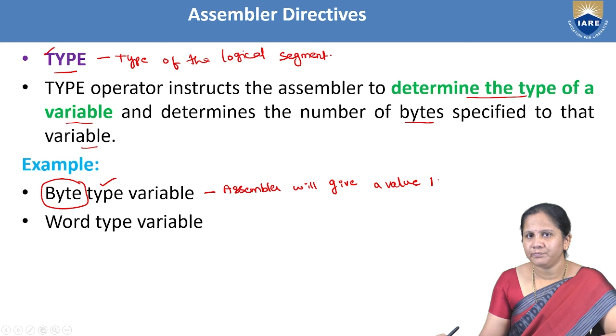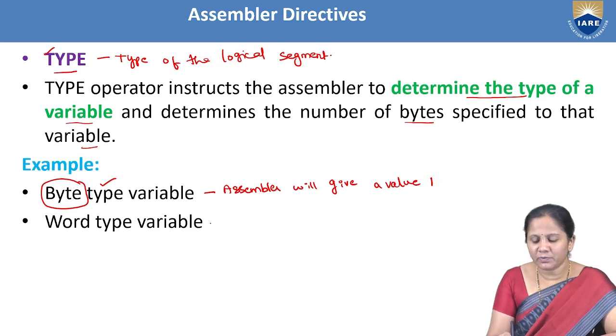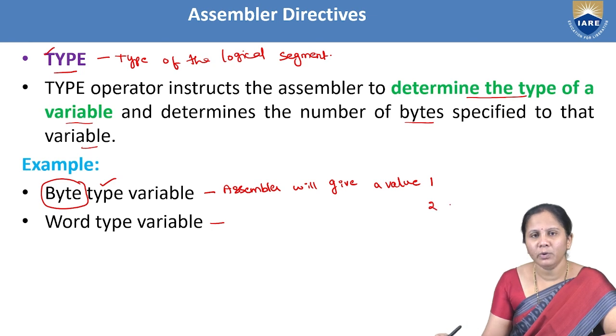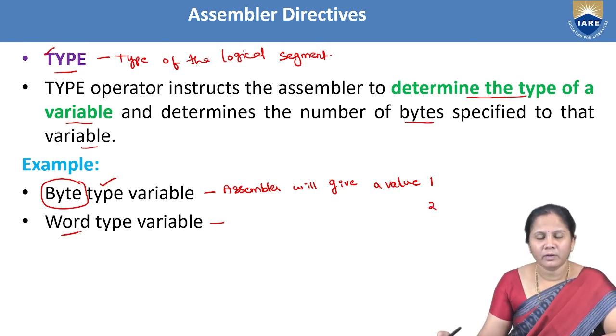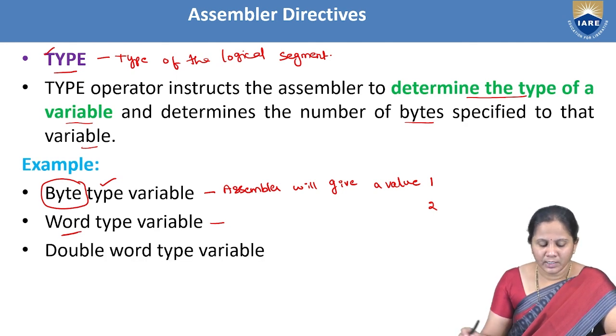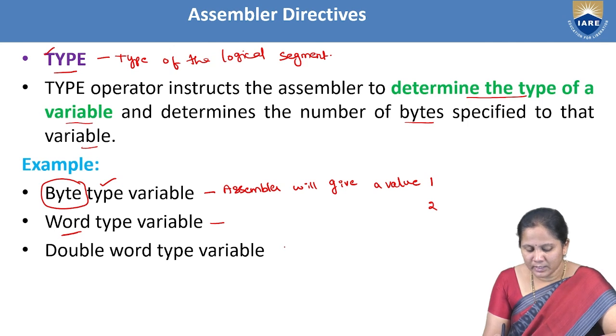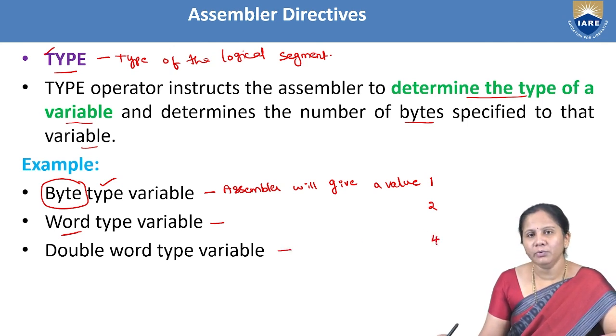Similarly, if it is word type variable, the assembler is going to give a value 2, because word means 16-bit. Similarly, if it is double word, the assembler directive is going to give a value 4, because it is double word, 4 bytes are required.